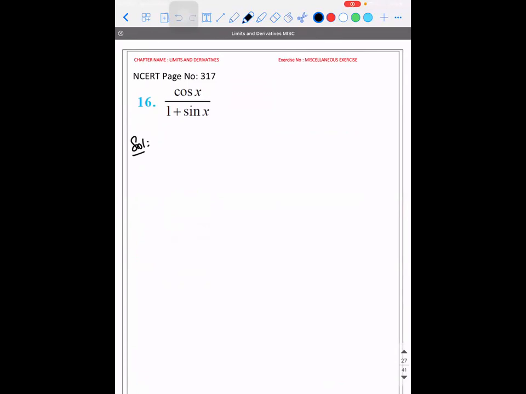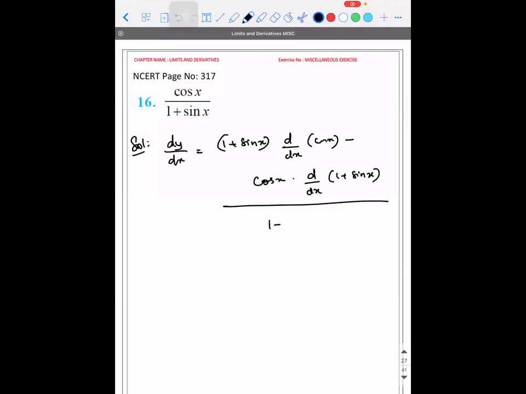Solution. So dy by dx is equal to (1 plus sin x) into derivative of cos x, u by v, that is quotient rule, minus cos x into d by dx of (1 plus sin x), the whole divided by (1 plus sin x) the whole square.